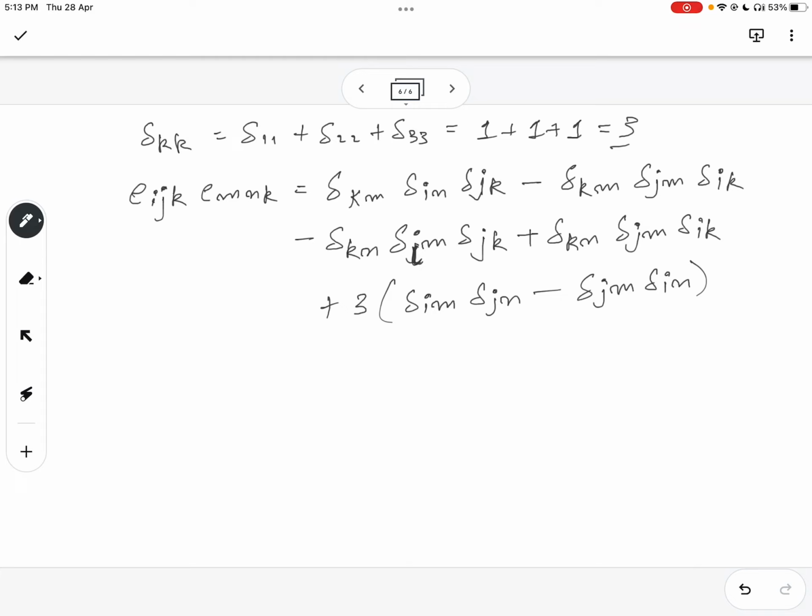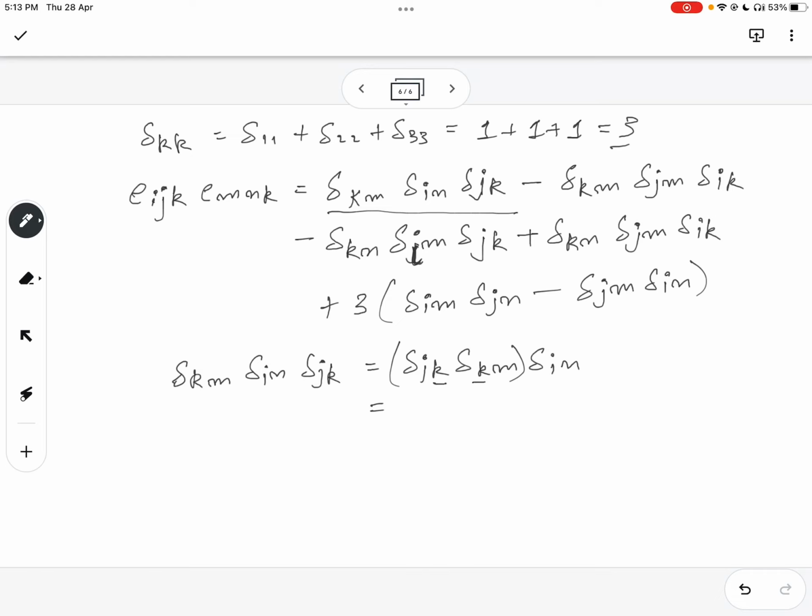So we'll look at these terms. So delta Km, delta In, delta Jk. This can be written as delta Jk, delta Km, delta In. This term can be written as, so this is a repeated, the K is a repeated index here.